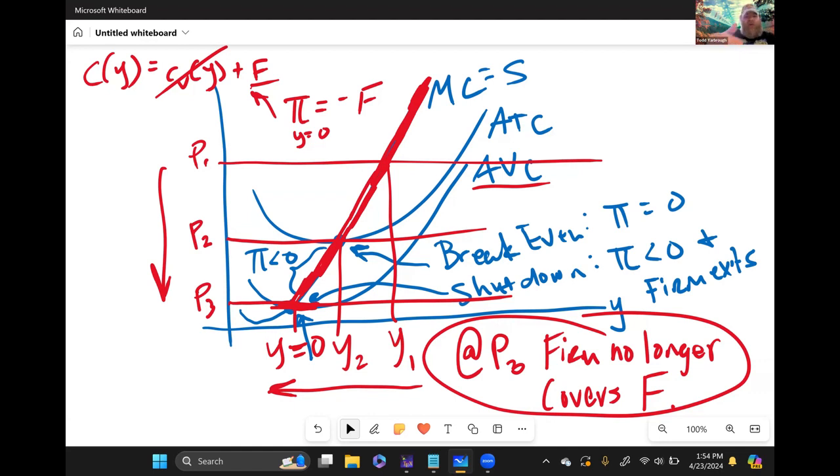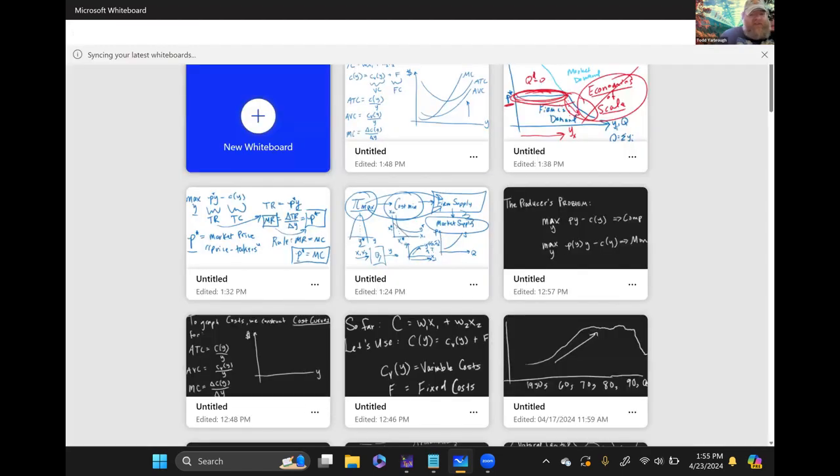So in other words, how do we go from individual supply decisions into market supply decisions? And it's just like demand.